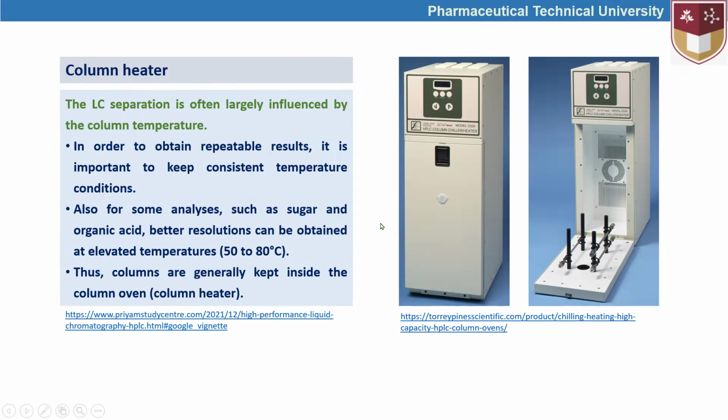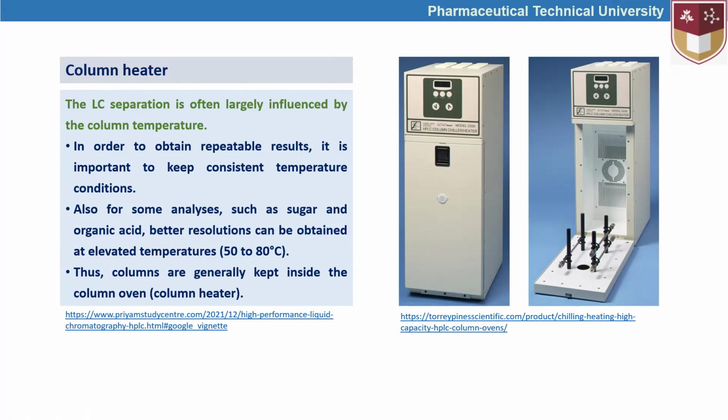And the column heater. There are special requirements for the HPLC. For example, the rooms where HPLC is used should be provided with a constant temperature, let's say 25 or 30 centigrade.